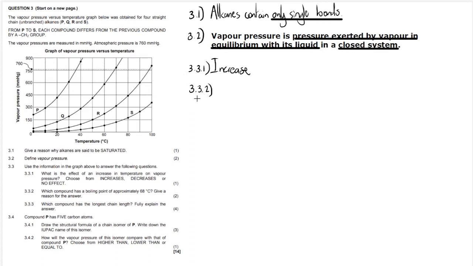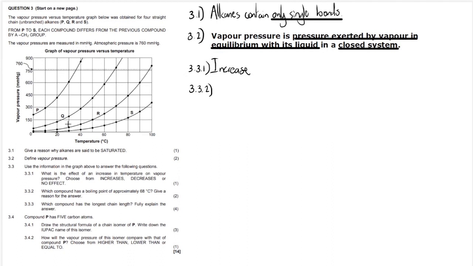Okay, 3.3.2. Which compound has a boiling point of approximately 68 degrees Celsius? Give a reason for your answer. Let's have a look here. 760 atmospheric pressure. Remember, atmospheric pressure, boiling point. The boiling point of a substance is where atmospheric pressure is equal to vapor pressure. These are graphs of vapor pressures.